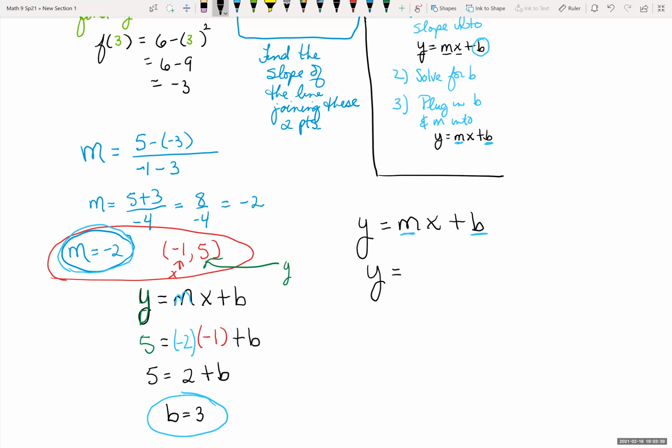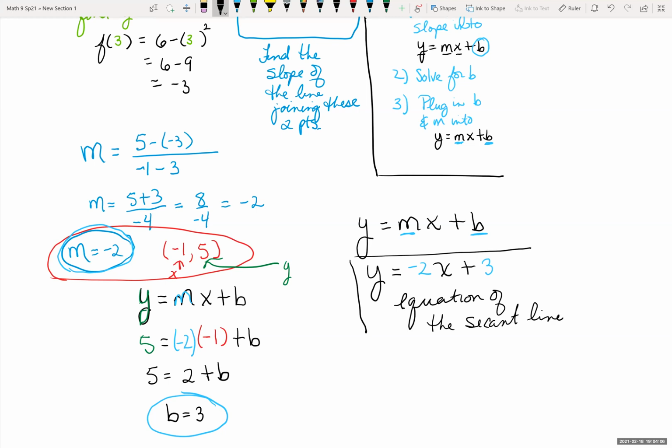So y is equal to our slope, -2 times x, plus b, and b was 3. So this is the equation of the secant line that joined those 2 points.